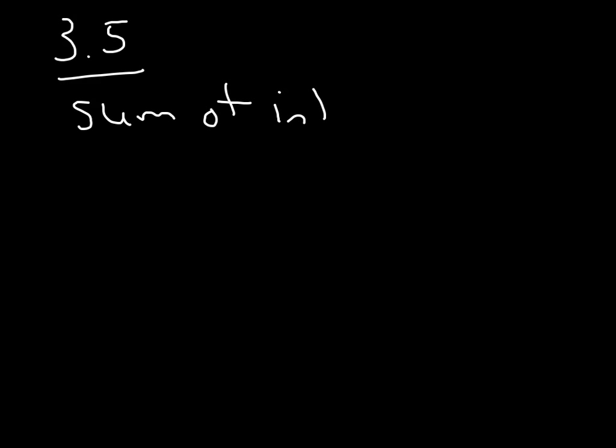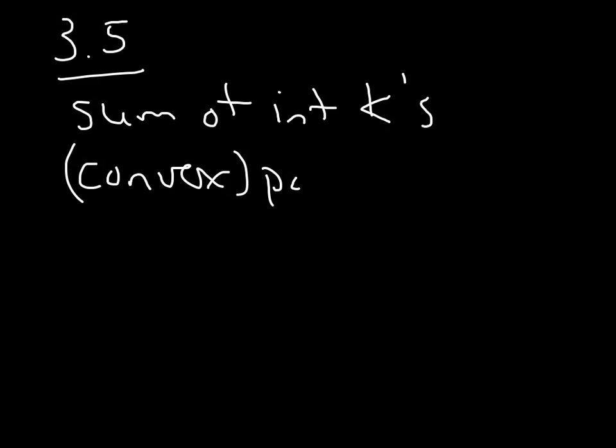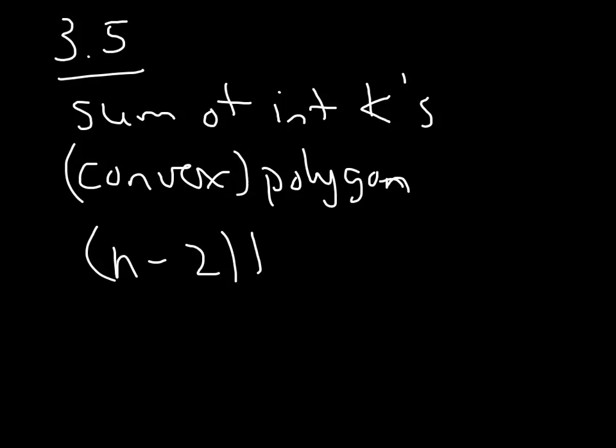And then the last section, 3.5, we look at the sum of the interior angles in a convex polygon. And for our purposes, we'll just say for a polygon, we'll assume it's convex. As the number of sides gets larger, the sum of the interior angles gets larger as well. So that formula is n minus 2 times 180.